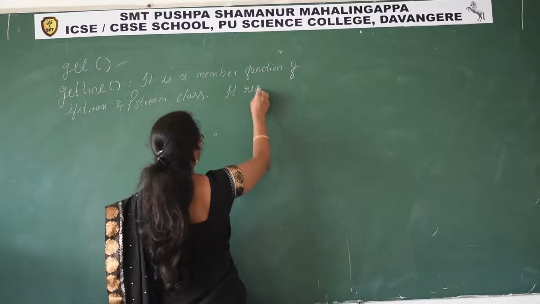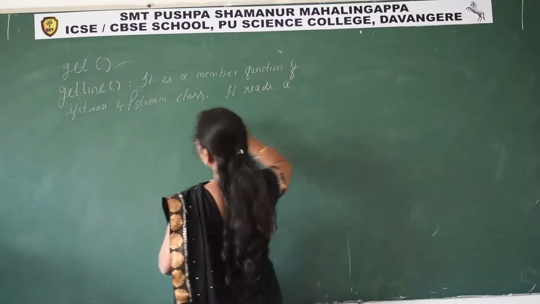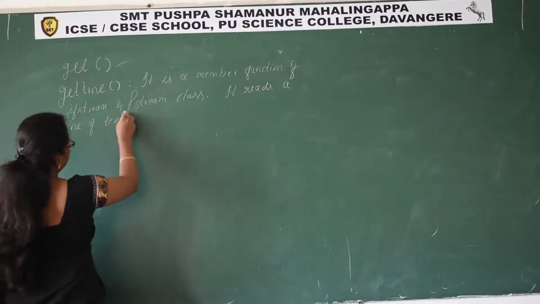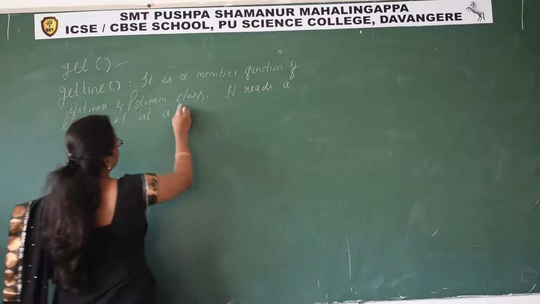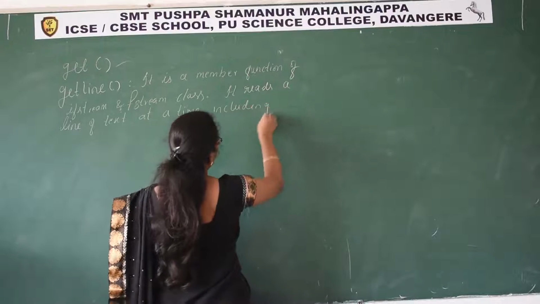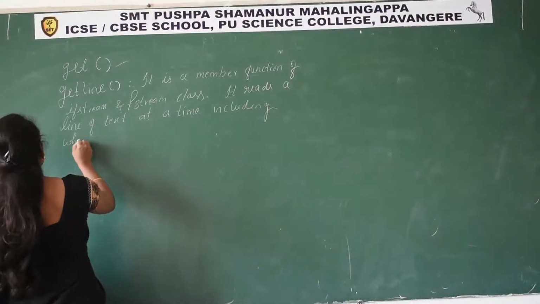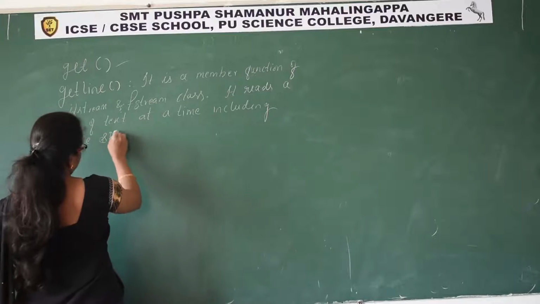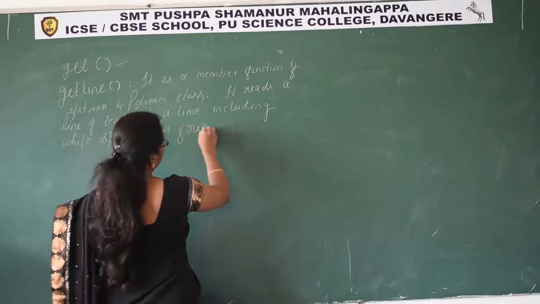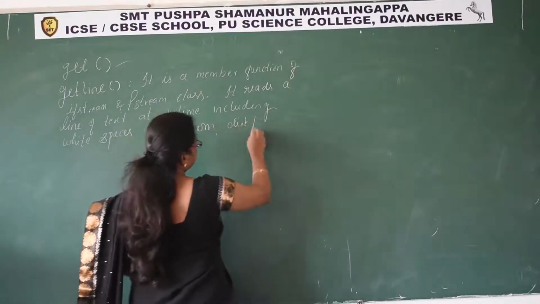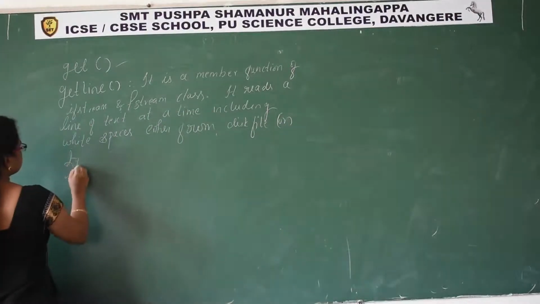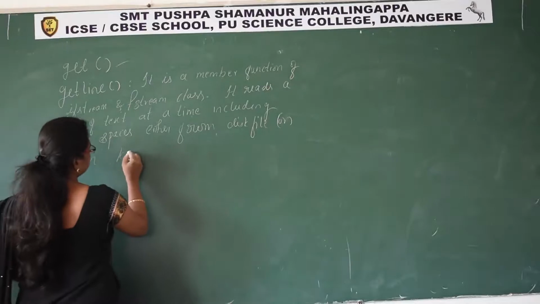It reads a line of text at a time, including white spaces, either from a disk file or from the keyboard.